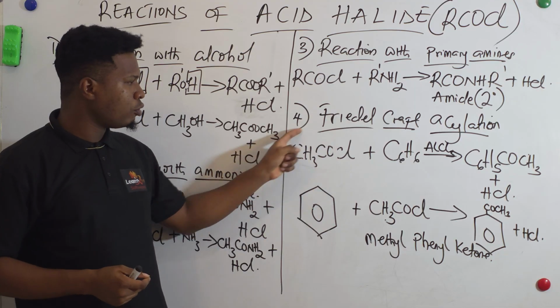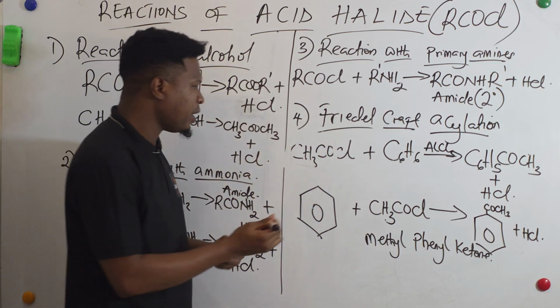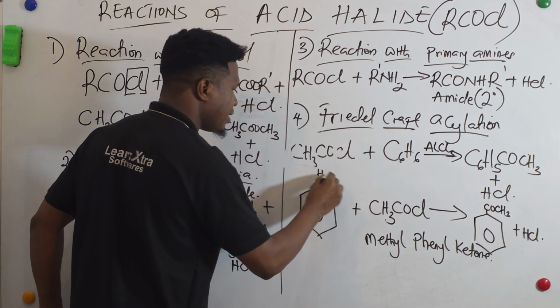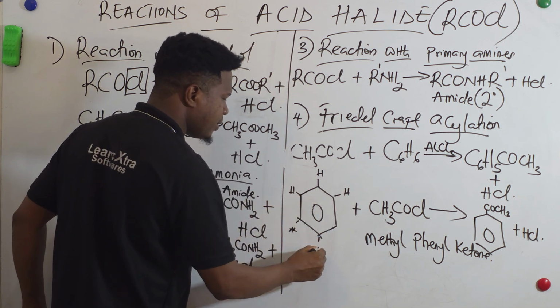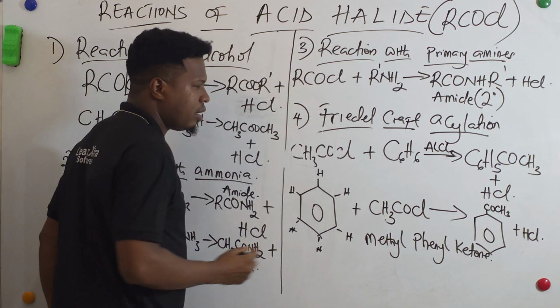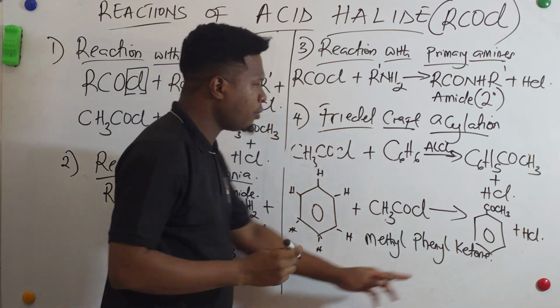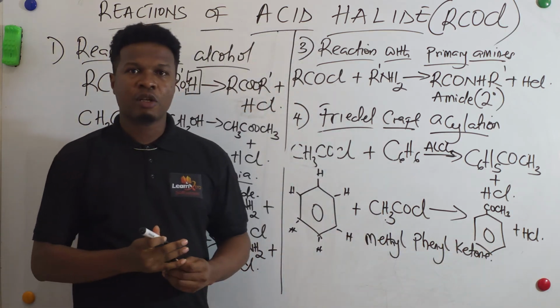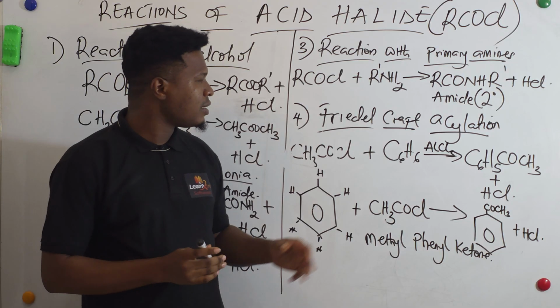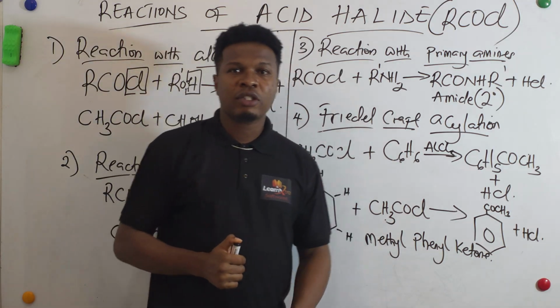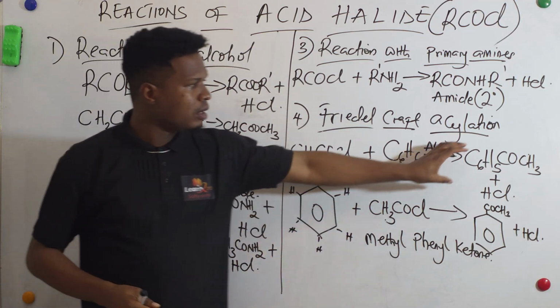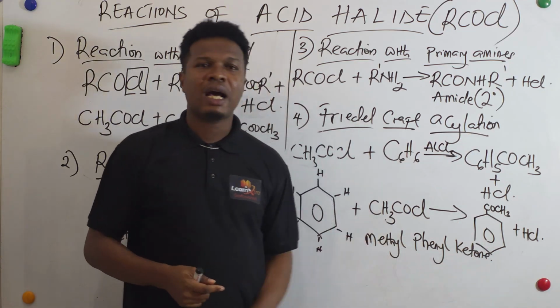The acyl group will substitute one of the hydrogens. Remember, there are 6 hydrogens here. So one of the hydrogens will be replaced with the acyl group to form this aromatic substituted compound. So this is a reaction of acid chloride with what? Aromatic compounds such as benzene to form this compound you're seeing here, which is the same thing as this compound.